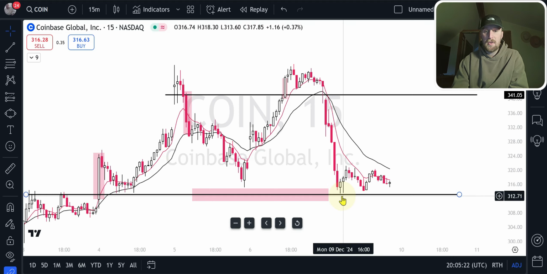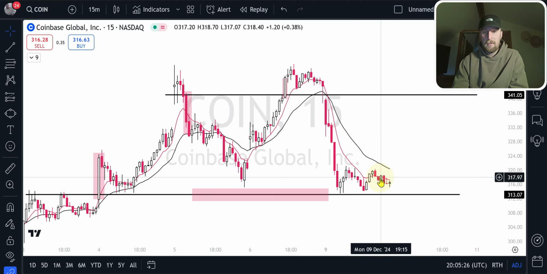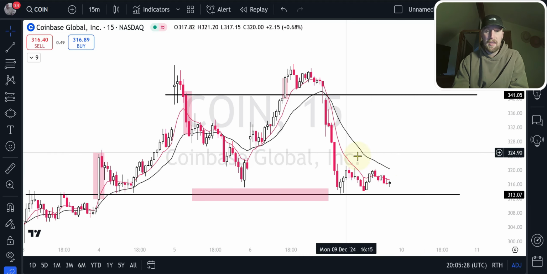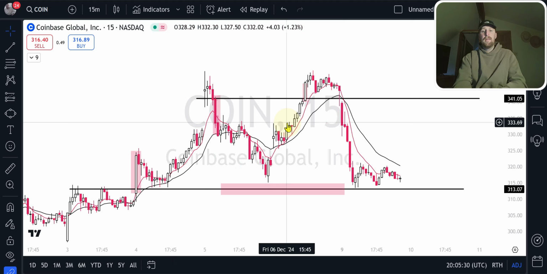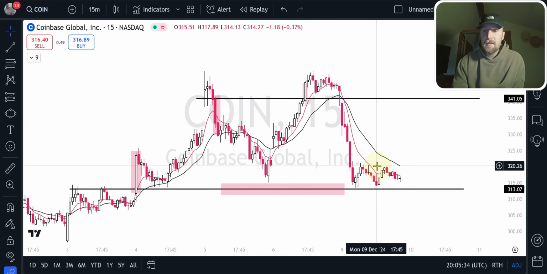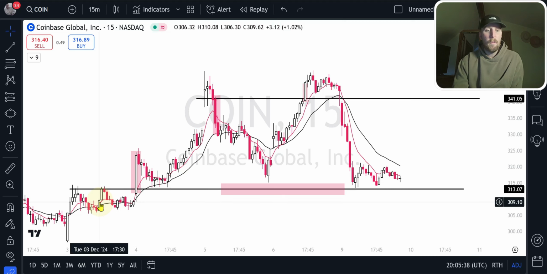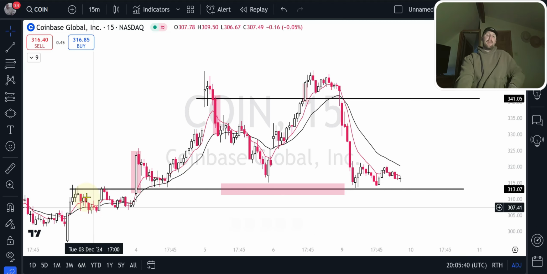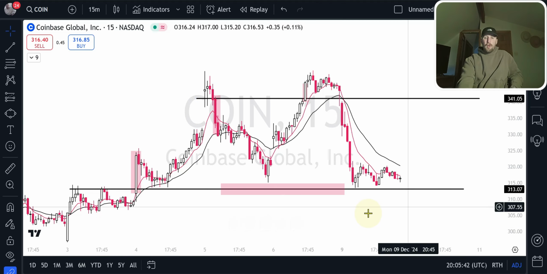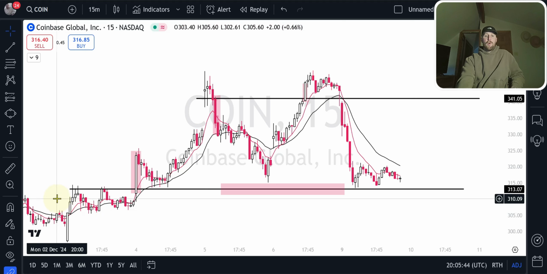Here we're testing the support as key pivot, bounce off, probably bounce again. Okay, knowing our daily bias, we're about to make a nice move to the upside. So if you think of this in general terms and kind of simplify it, here's what we're looking at.